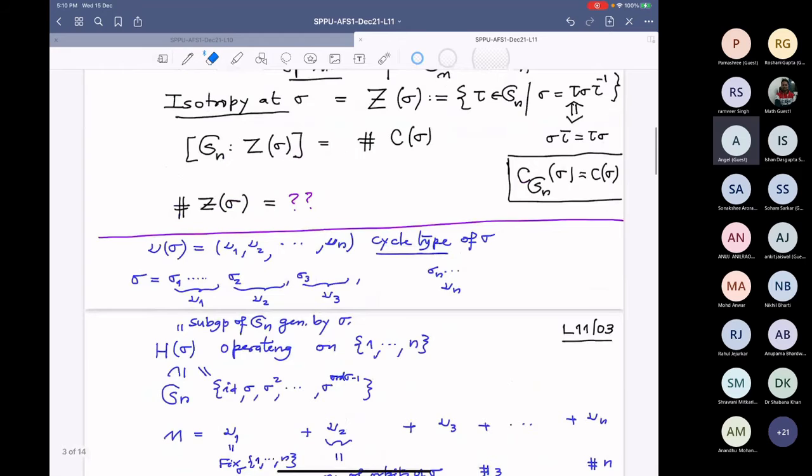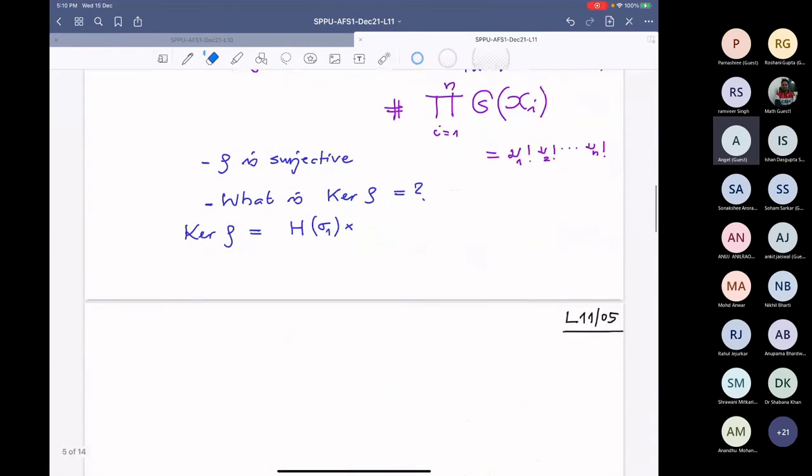Look at the canonical decomposition of sigma. A few 1-cycles will come. How many? Mu 1. A few 2-cycles will come. How many? Mu 2. A few 3-cycles will come. How many? Mu 3, and so on. So I'm taking those and generating the subgroup individually. So H sigma 1 will come mu 1 times.